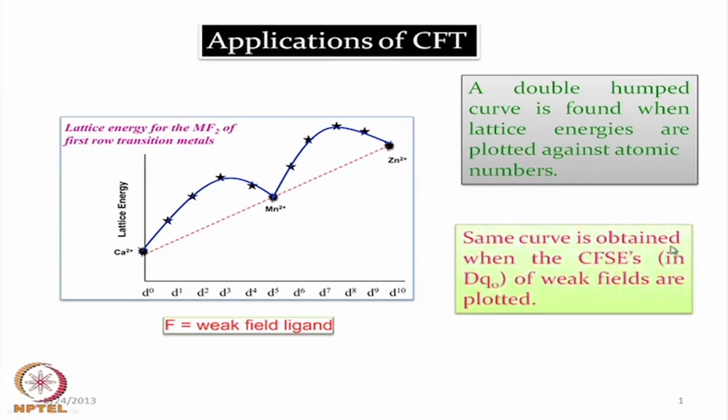So, the same curve we can have if we simply consider the crystal field stabilization energies for all these transition metal ions, such as chromium, such as nickel.